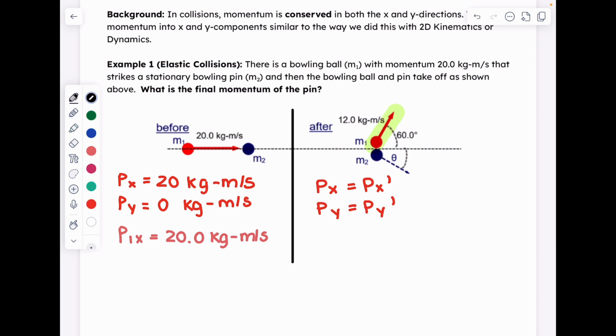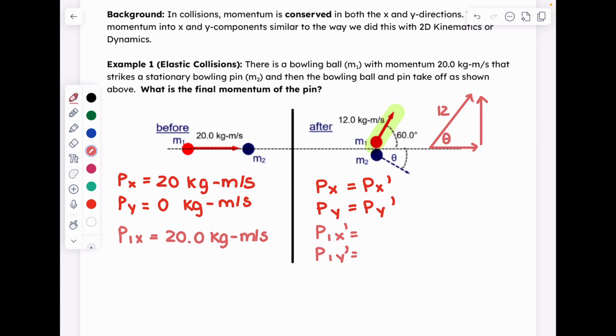So I'm going to have to break that down anyway, and I'm going to set up a little formula to do that. This is object 1. After the fact, I need to figure out its x and its y components, and I have to add my apostrophes here to say this is after. I'm going to turn that 12 kilogram meters per second vector into a little triangle to make it more visually understandable.